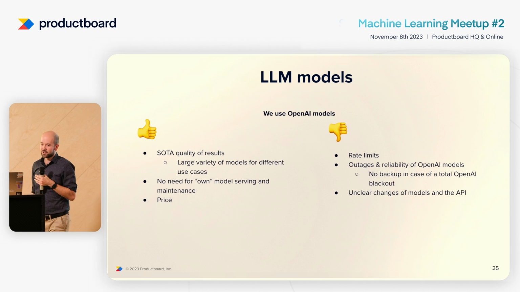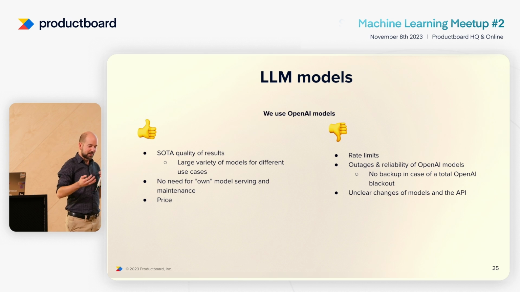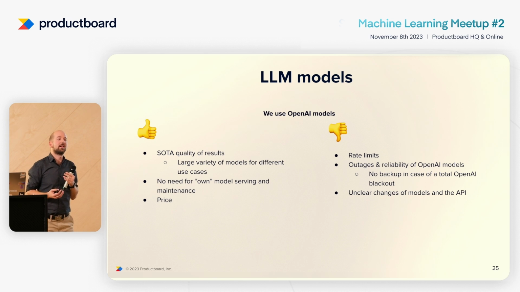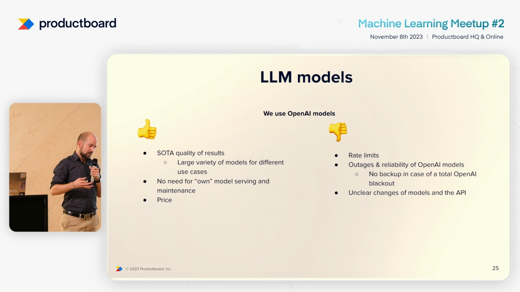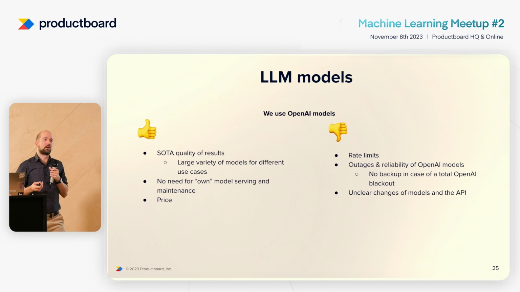The disadvantages of it are, for example, rate limits. If you want to use OpenAI to generate quite a lot of predictions, it's not always that easy. I think the base limits for OpenAI are quite low.